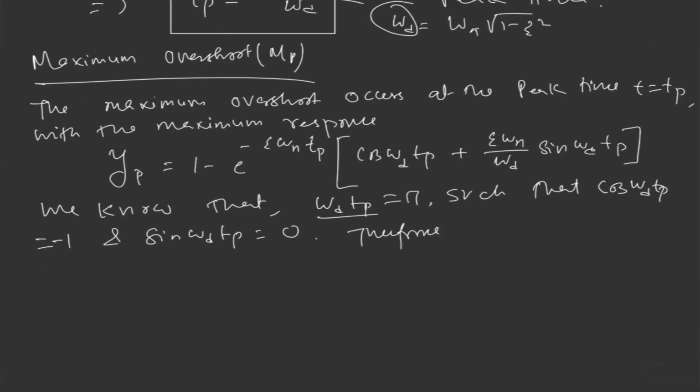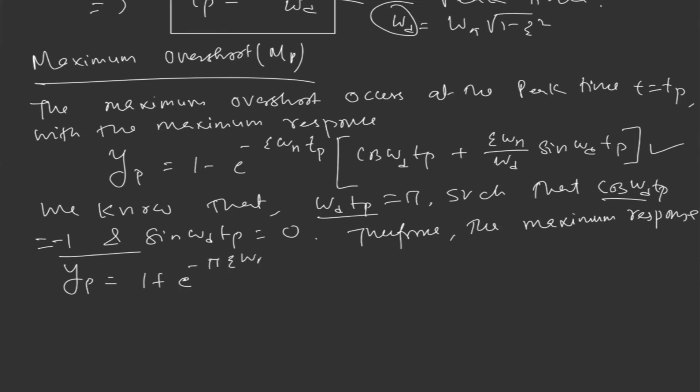Therefore, the maximum response Yp equal to 1 plus, if you substitute these values in the previous expression, e to the minus pi zeta omega n by omega d. In place of omega d, if you write omega n root over 1 minus zeta squared, our expression yields pi zeta divided by root over 1 minus zeta squared.